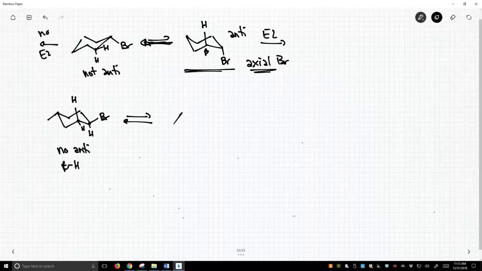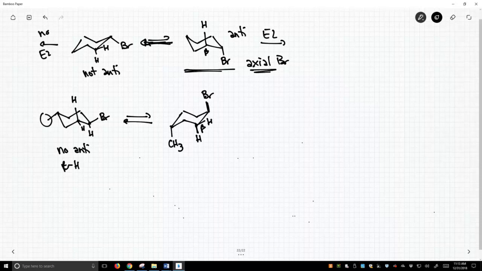Well, we fix that in the top example by looking at the flipped chair. And to do this, we'll flip this. Now this methyl group is equatorial down. It will now become axial down. And this bromide will become axial up. And that's a good thing. Now we have our halogen, our leaving group, in an axial position, and there's an axial beta hydrogen next door.